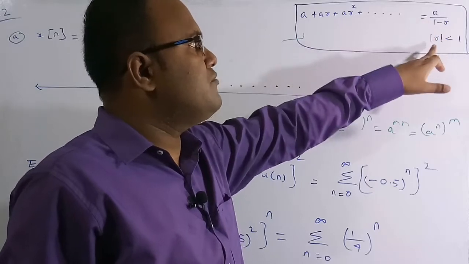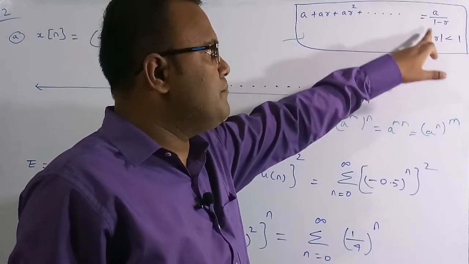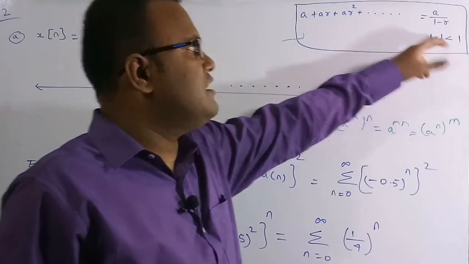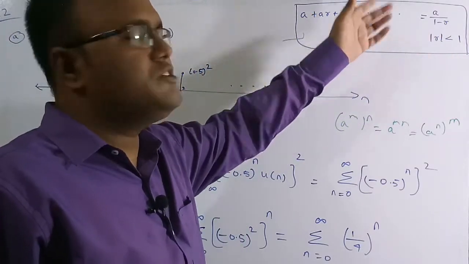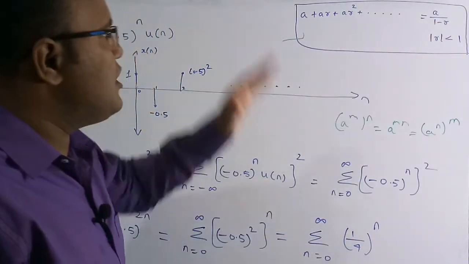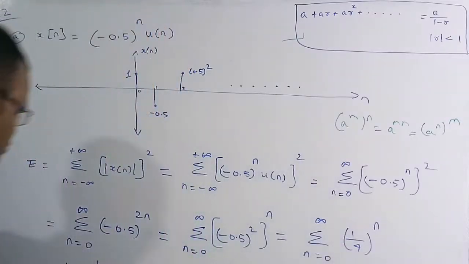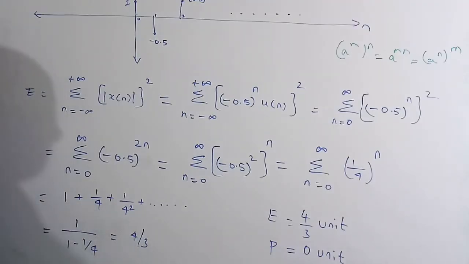This is valid only for |r| less than 1, meaning the magnitude of the ratio r has to be less than 1, then only this whole series is going to converge to a finite value, which is a/(1 minus r). The a value is the initial value and r is the common ratio. So here a is equal to 1 and r is equal to 1/4. If we substitute into a/(1 minus r), finally we get energy equal to 4/3, which is a finite value.